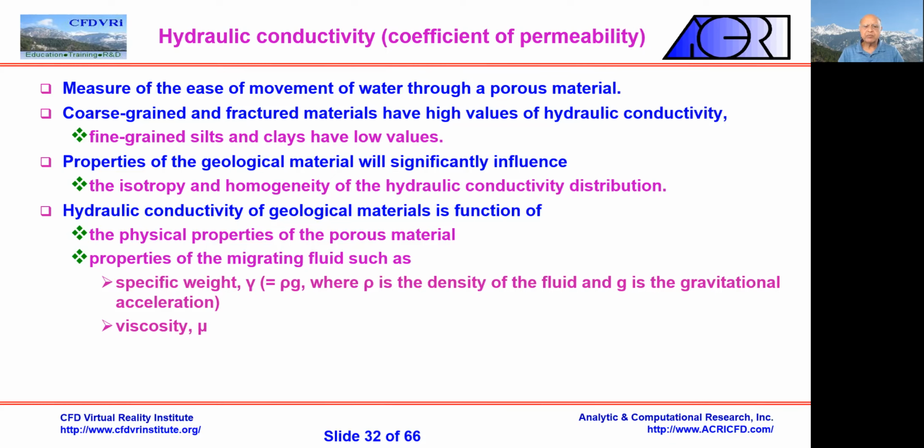So it's a property of the geologic media, and there can also be anisotropy and inhomogeneity within a rock mass or a sand or a porous media mass. For example, in certain situations, water may percolate vertically but may not go horizontally, or may go more preferably in the horizontal direction.